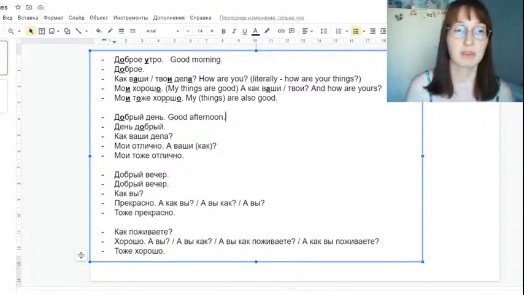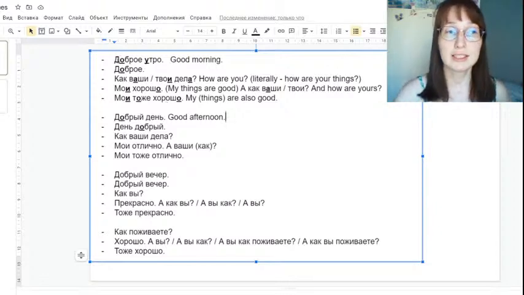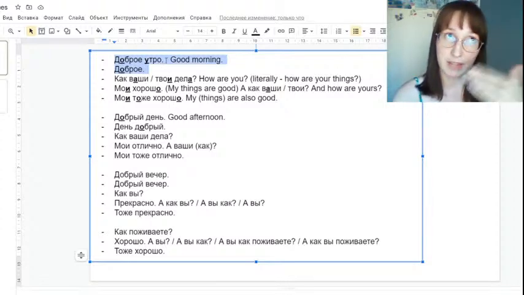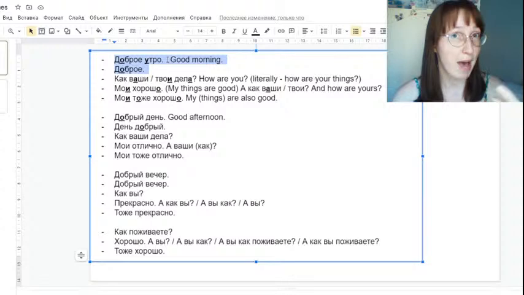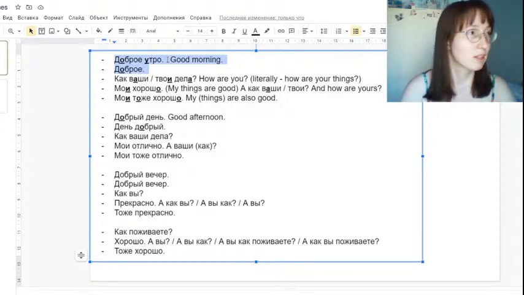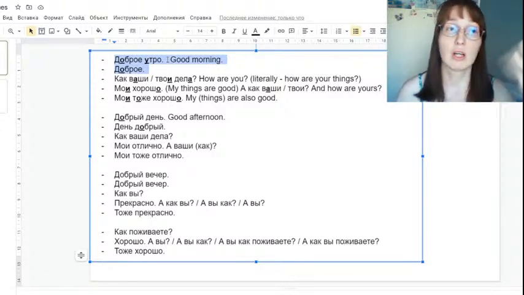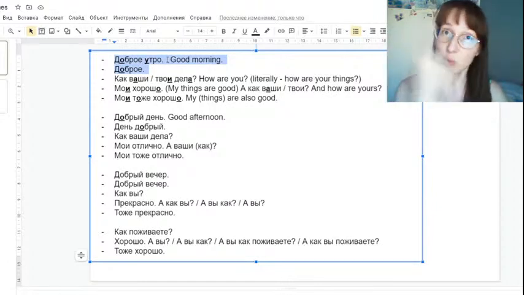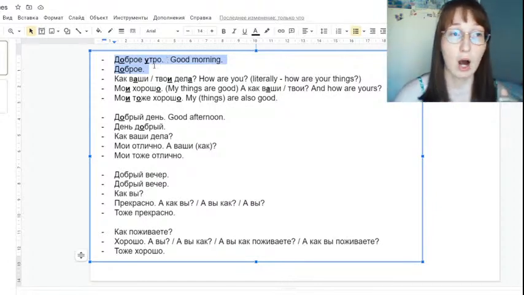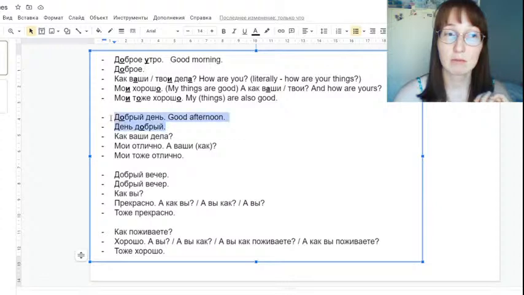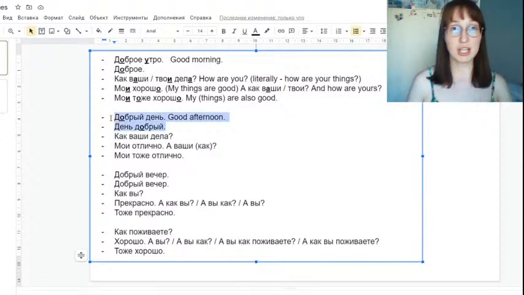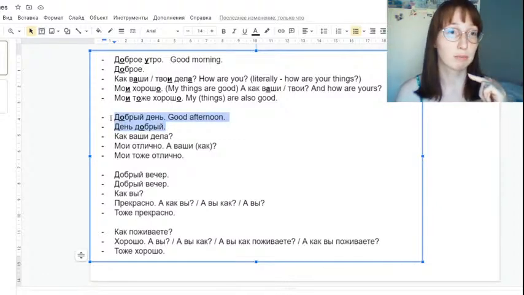Also, you can see that here, good morning, and the phrase back, the answer back, is доброе, доброе утро, доброе, just one word. We can say a greeting by replacing the words.